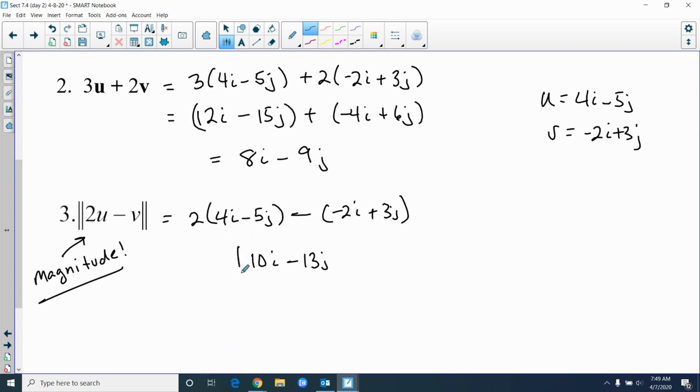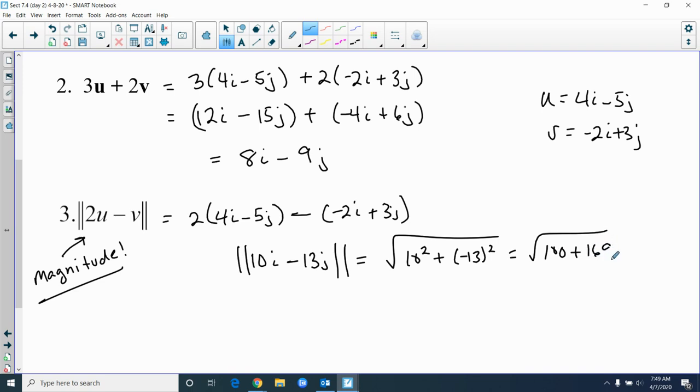Once I've got that, I want to find the magnitude. That's going to be the square root of 10 squared plus negative 13 squared. 100 plus 169 is the square root of 269.